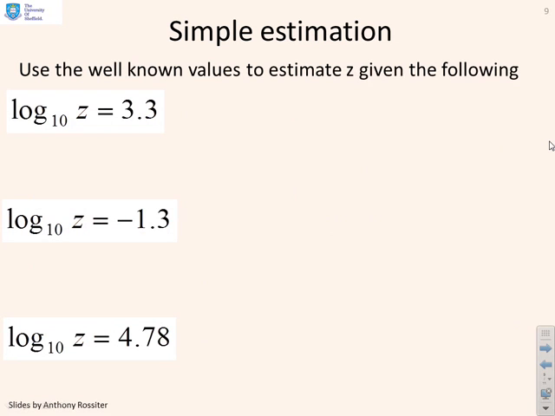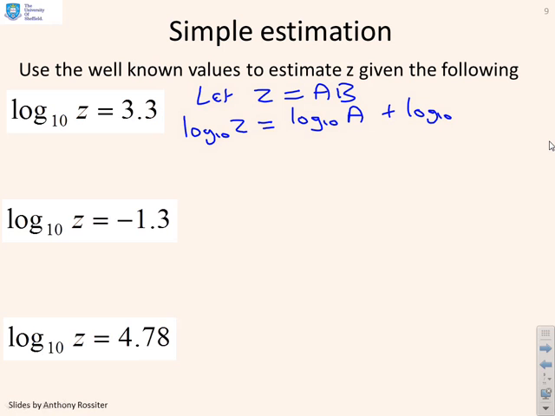We can also do things the other way. If I said to you, log 10 of z is 3.3, what is z? Well, what you can do is say, let z equal a times b. And therefore, log 10 of z equals log 10 of a plus log 10 of b. And all I need to do now is make up the log of numbers that I know.